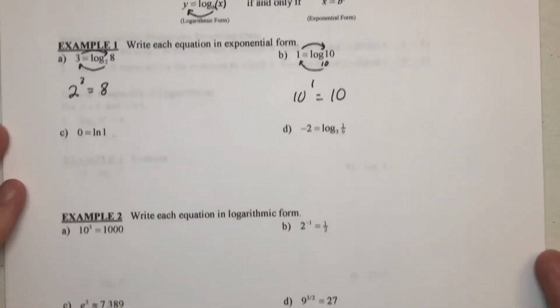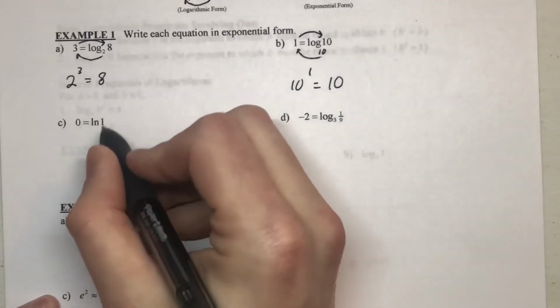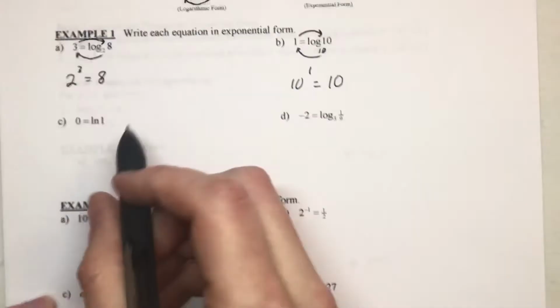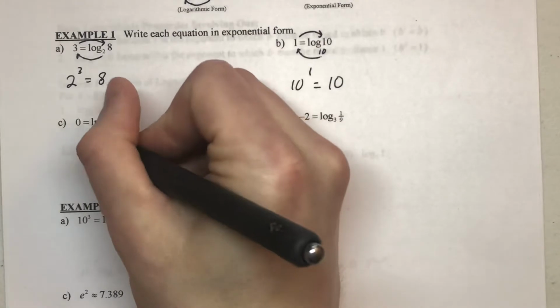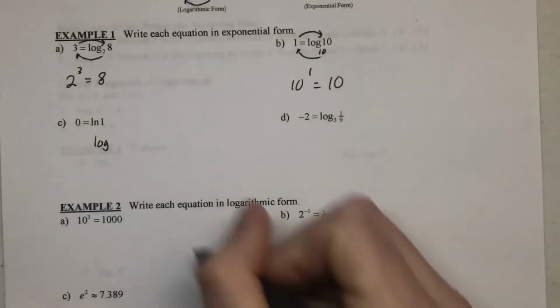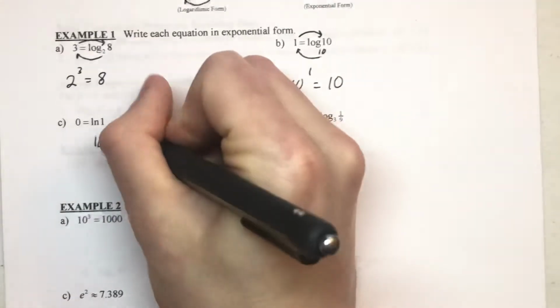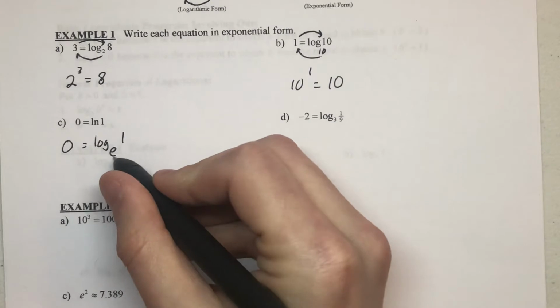ln, this is something else we'll see. I think it's on the next page even. The idea that ln is a logarithm. It actually stands for the natural log. ln represents the log with that base of e that we saw in the last section. So e, Euler's number, the natural base, e.